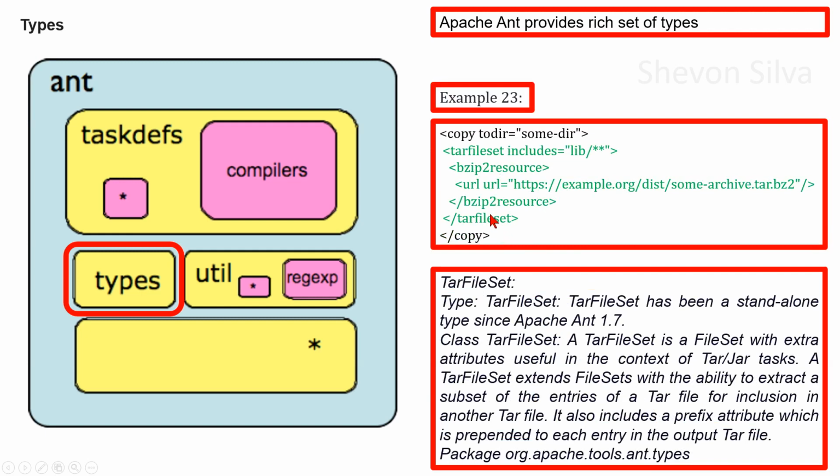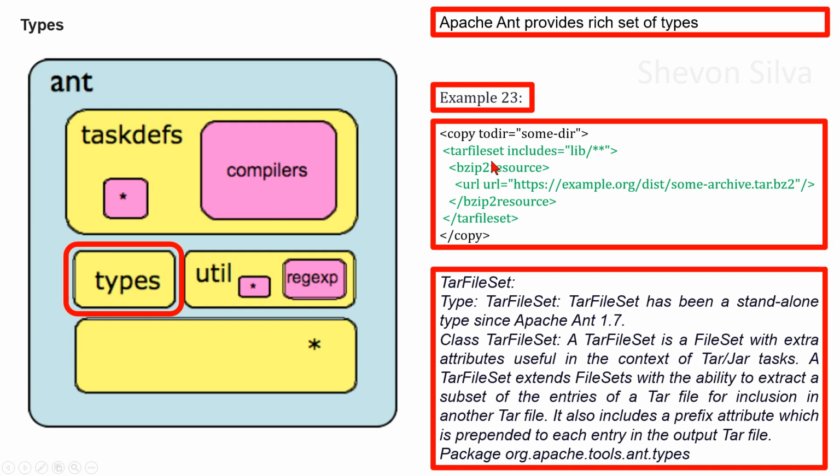Now we are considering tar file set. Type tar file set. Tar file set has been a standalone type since Apache Ant 1.7. Regarding API, we can consider class TarFileSet. A tar file set is a file set with extra attributes useful in the context of tar or jar tasks.